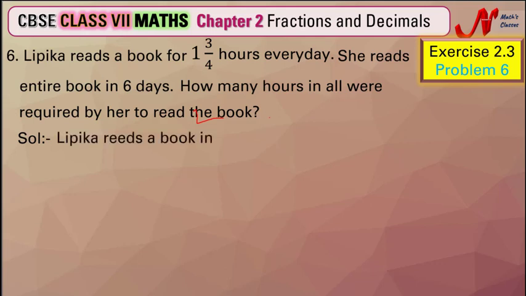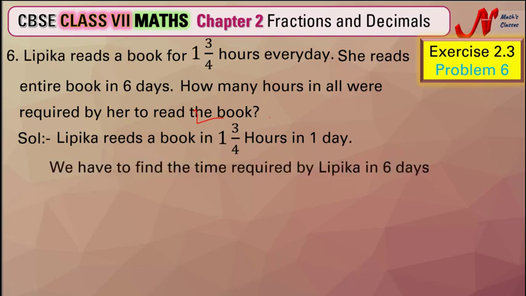By the given problem, we can write Lipika reads a book for 3 by 4 hours in 1 day. And we have to find the time required by Lipika in 6 days.